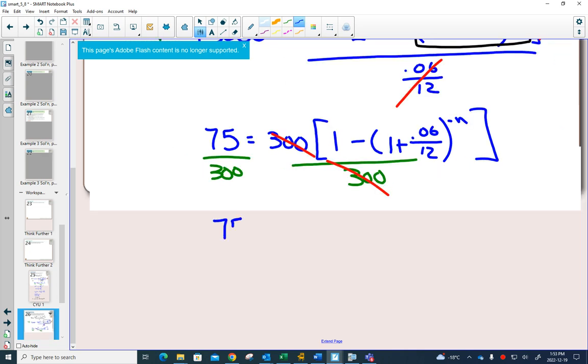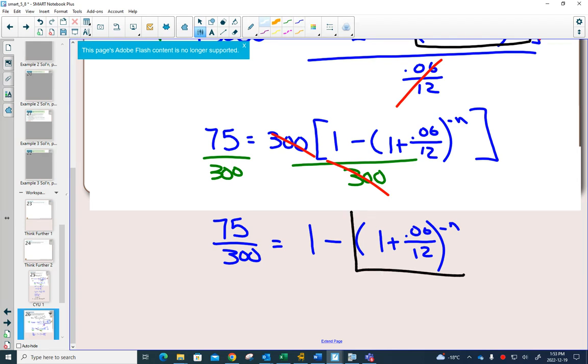Maybe I even leave this as a fraction. You see the square brackets aren't needed anymore. I want to get this power by itself.